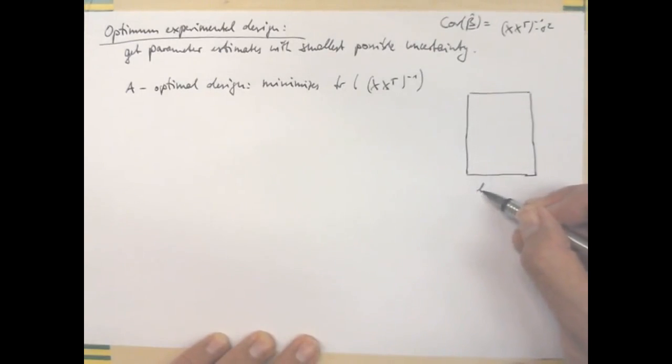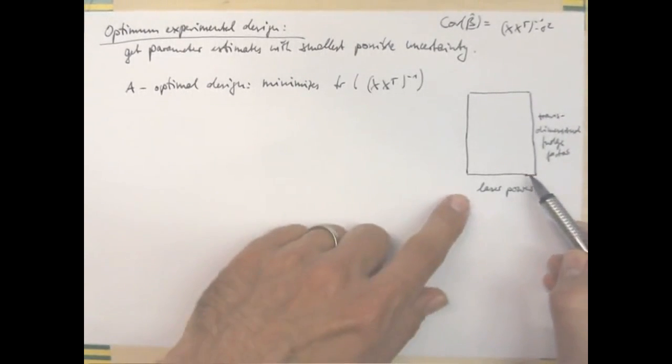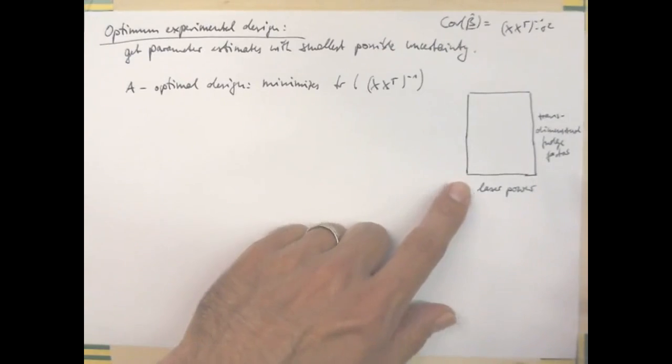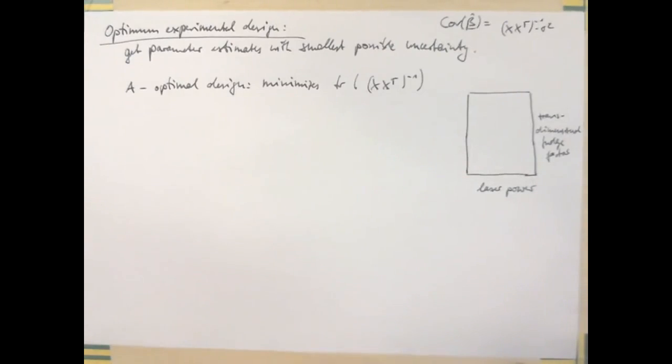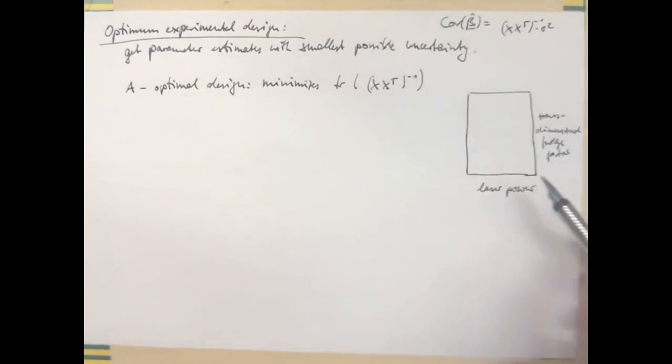Let's say one feature is the laser power, and the other one is a transdimensional fudge factor. I'm making something up, okay? So let's say you have control over these two dimensions. You assume that you have a linear model here. You would like to fit a plane. And the question is, where should you put your measurement points?